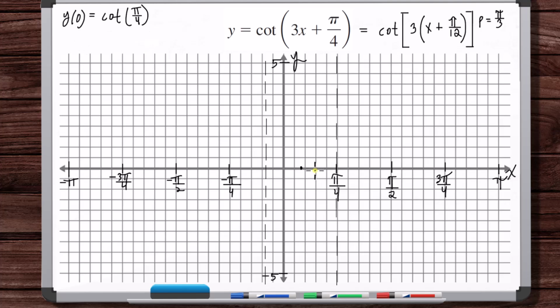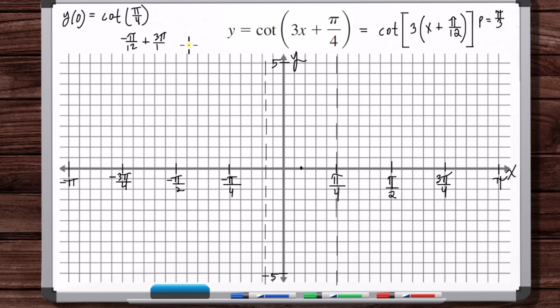Okay, now the 3/4 point is, so let's see, pi over 3 divided by 4 is pi over 12. So let's add minus pi over 12. Add to that, we want to go 3 times pi over 12, so pi over 4. Okay, multiply pi over 4 times 3 over 3, you get 3 pi over 12, which is minus pi plus 3 pi is 2 pi, so pi over 6.